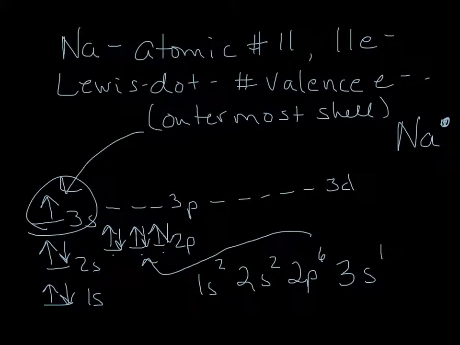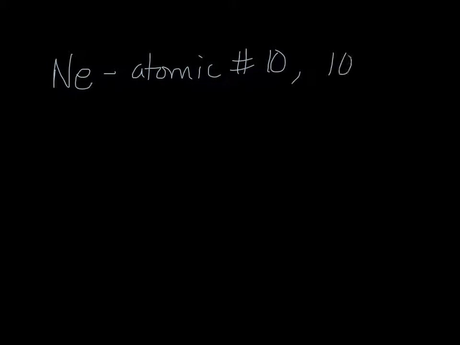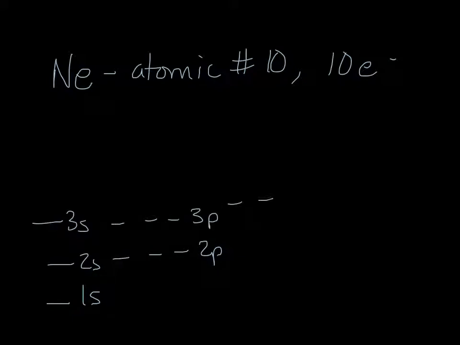Let's do another one. Let's pick neon. Neon is atomic number 10, and it has 10 electrons. So I start at the bottom, 1s, 2s, 2p, 3s, 3p, 3d.